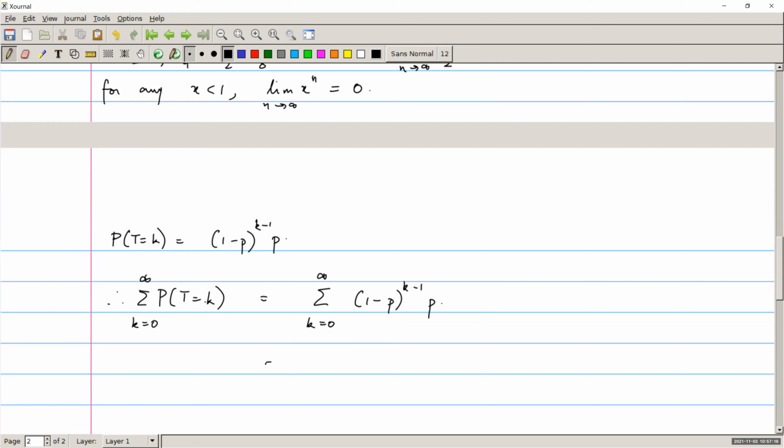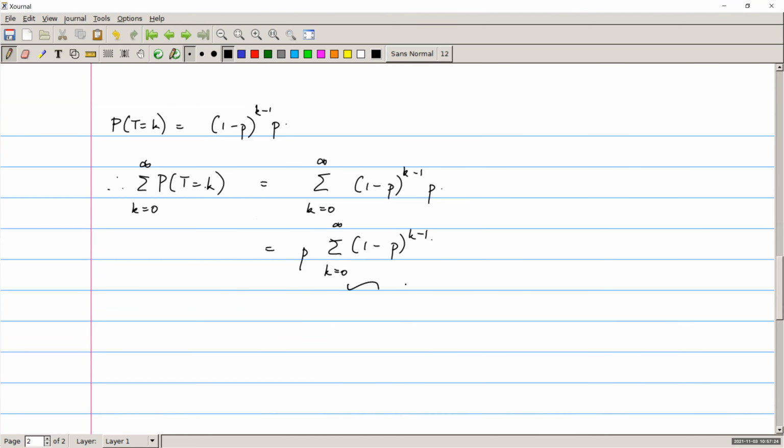You pull p out of the summation. Now this summation is a geometric sum. This is 1 plus 1 minus p plus 1 minus p squared and so on.